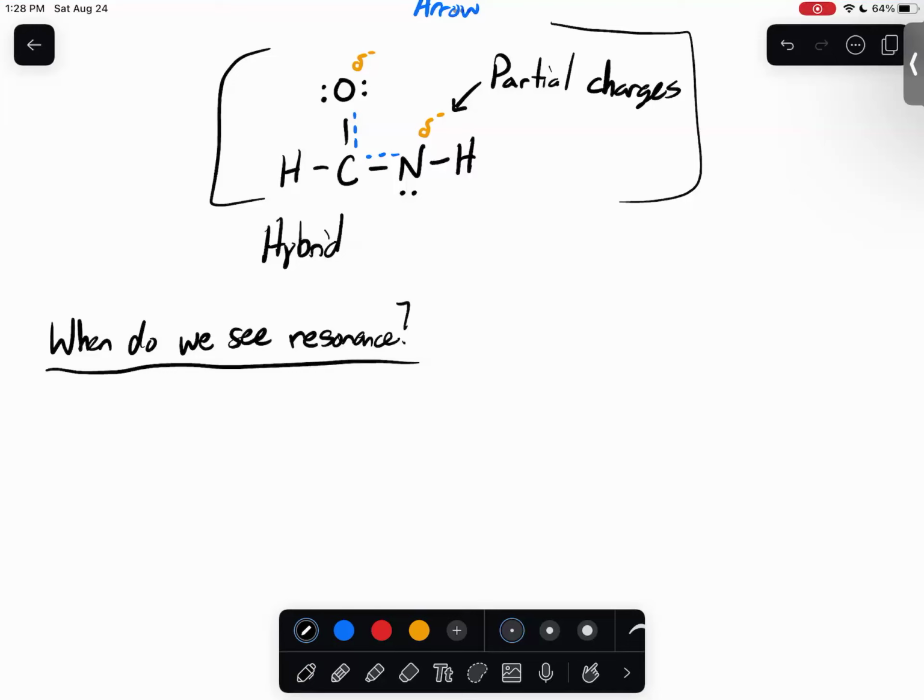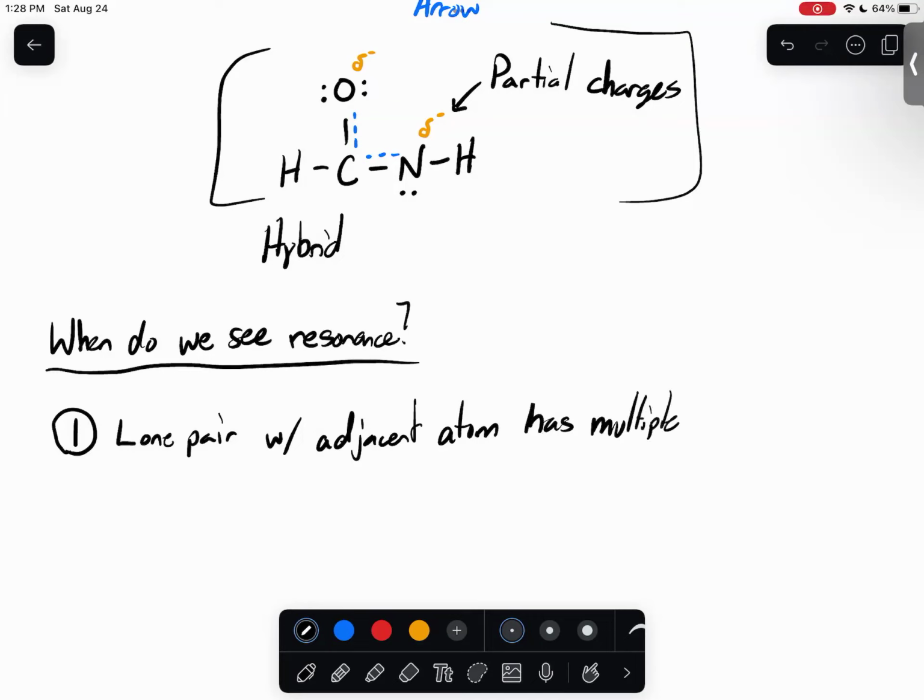So the first type of resonance, we'll call this number one, is where you have a lone pair with an adjacent atom that has a double or triple bond. So an adjacent atom that has multiple bonds, right? And we'll even say double slash triple. And this is a good example of what we saw just a second ago, right?